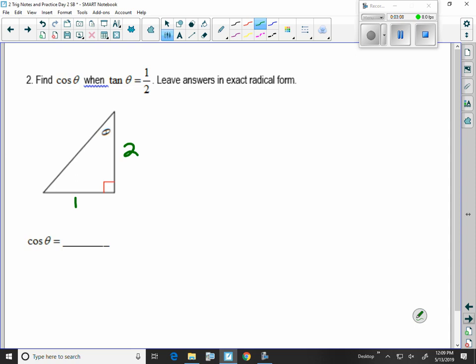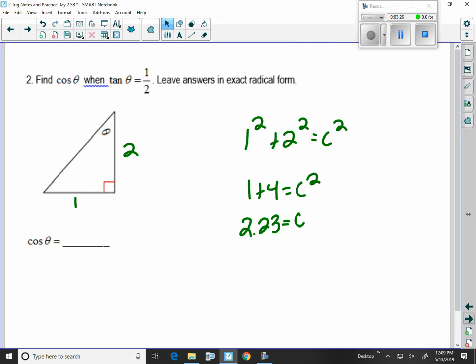Yep, Pythagorean theorem. I'm getting 2.23, yes? Yes.